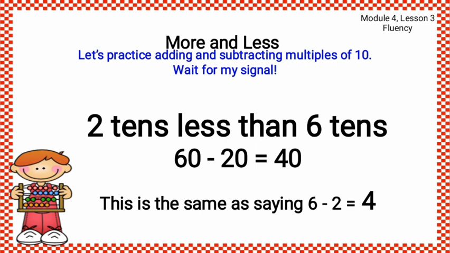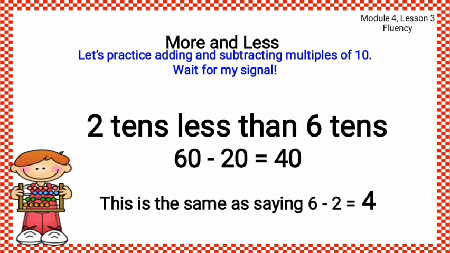That way, it will be easier for you to work within the questions. So 6 minus 2 is 4. And 60 minus 20, which is 6 tenths minus 2 tenths. Every time I say tenths, I know that it means I should bring in one zero. So 60 minus 20 is 40, which is 4 tenths. 6 tenths minus 2 tenths is 4 tenths.